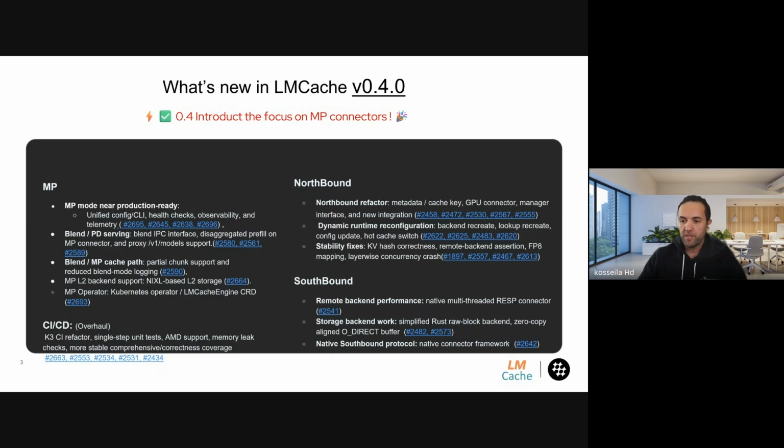And I will end with CI/CD, some housekeeping, because we've noticed that there's been some flakiness that has been reported. So in order to address this issue, there was an overhaul, and that's mostly a major refactoring to improve the overall developer experience.